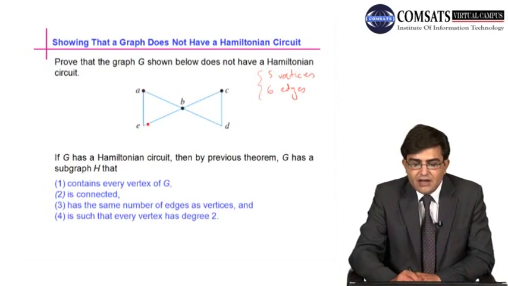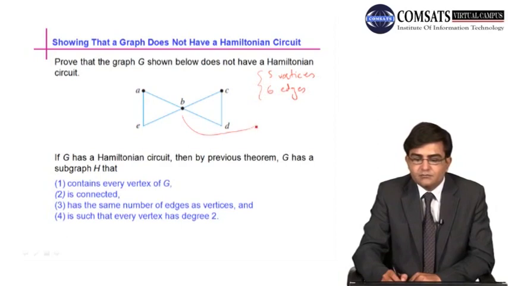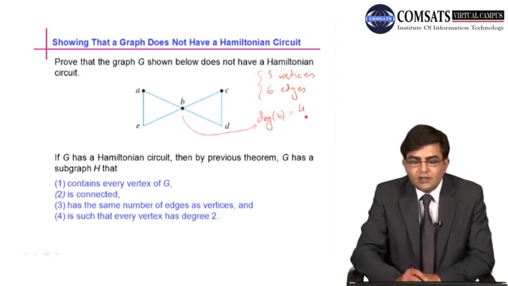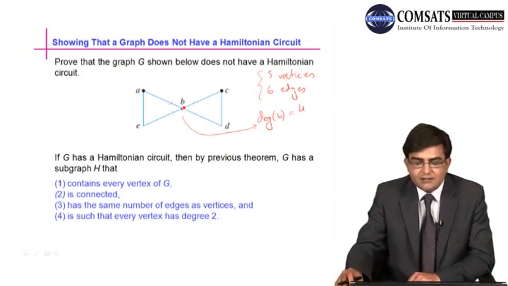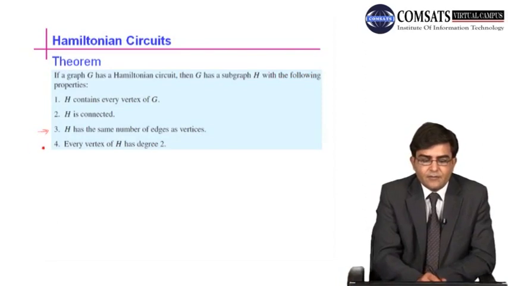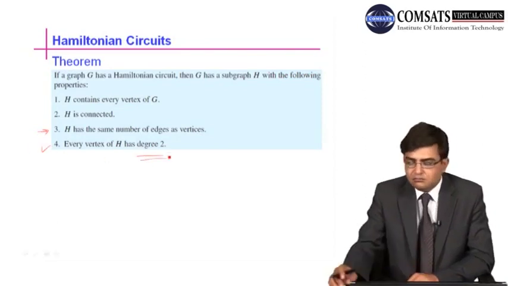Here A has degree 2, E has degree 2, C has degree 2, D has degree 2, but the degree of B is 4. So we have to remove at least two edges, either this one or this one, or this one and this one, or this one, this one, this one, this one. We have to remove two edges from this vertex B to reduce its degree to 2, because in the result every vertex in H must have degree 2.